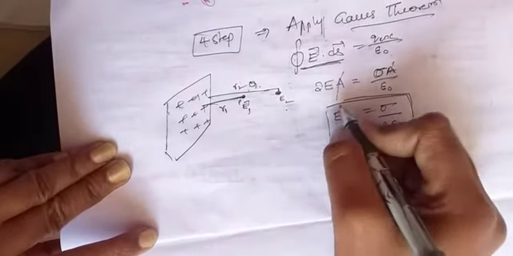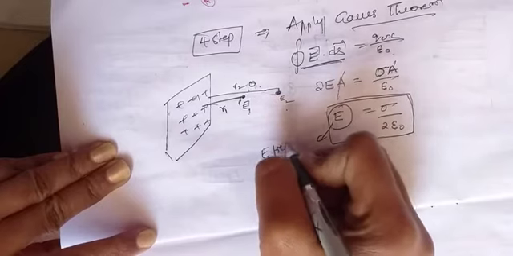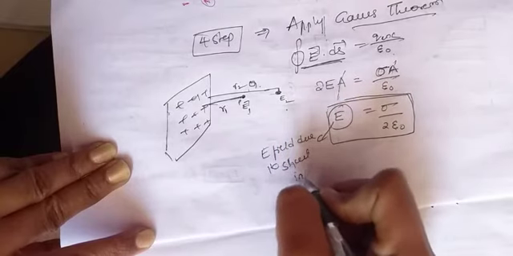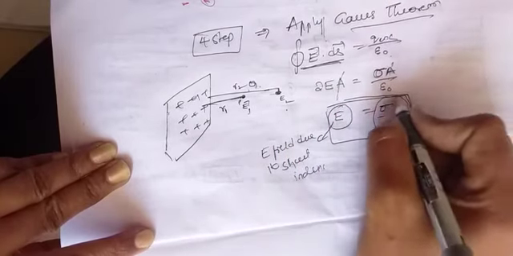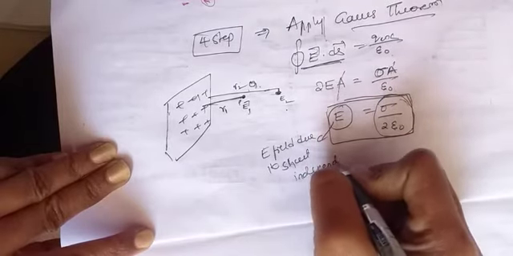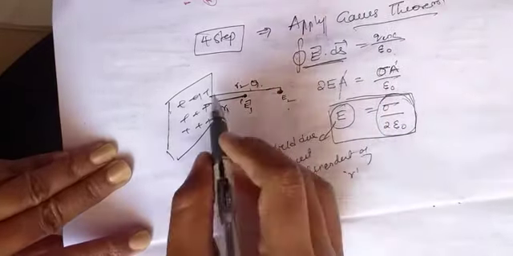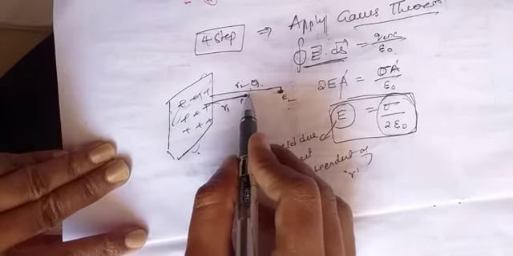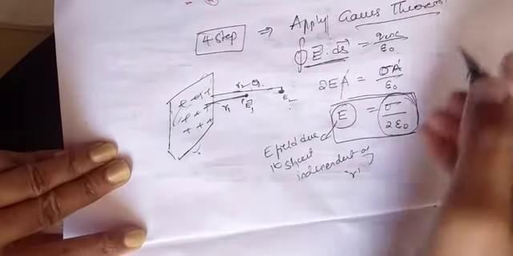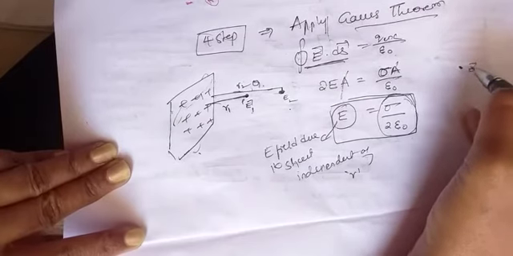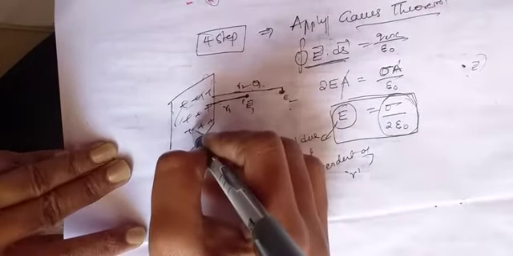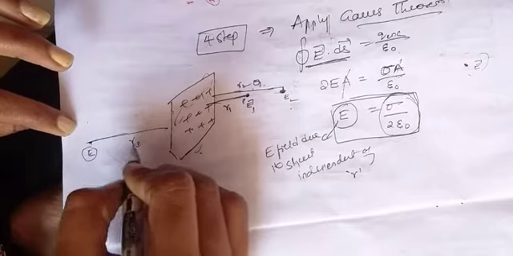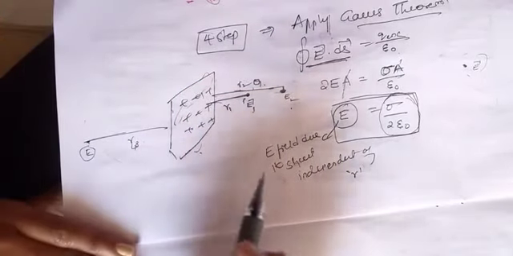Because the electric field due to the sheet is independent of R. This equation does not depend on R. Compared to the size of the sheet, if I take a point at some distance R4, there is still no change in the electric field due to the sheet.